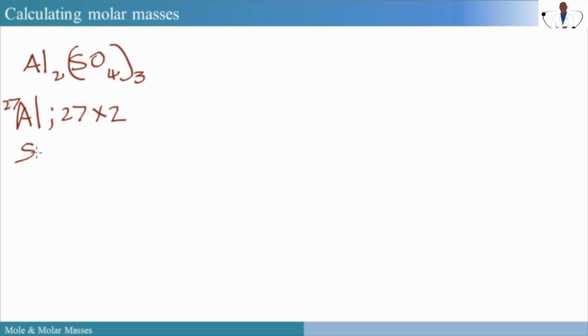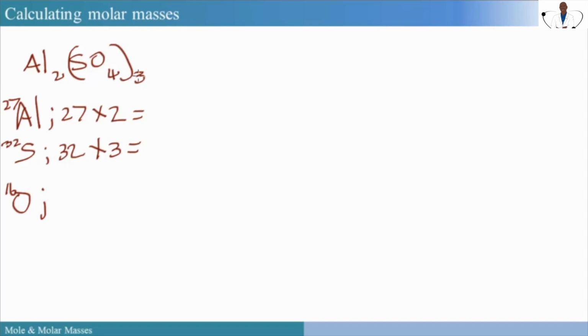For sulfur, the mass number is 32. But we have 3 atoms of sulfur. So that would be 32 times 3. For oxygen, the mass number is 16.